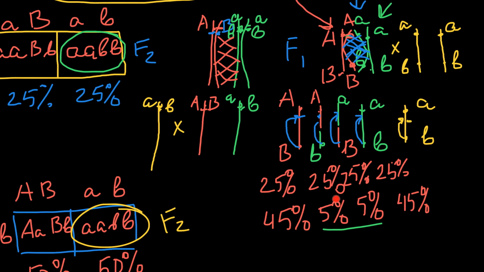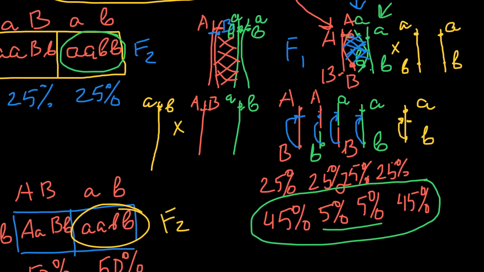So 5% each, with dominant allele A and recessive allele B, and recessive allele A and dominant allele B. And these 2 would be the maternal and paternal original chromosomes, which would be represented here as 45% each. So this is going to be the answer to the 3rd question.